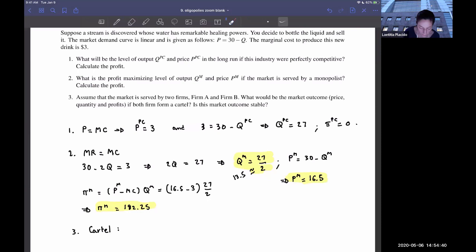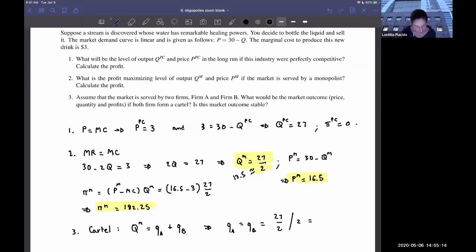Okay, so to find the equilibrium for the cartel, well, you want the monopolist quantity to be the sum of the quantity produced by firm A and the quantity produced by firm B. Okay, so this implies that little QA will be equal to little QB, and that's going to be 27 over 2 divided by 2.